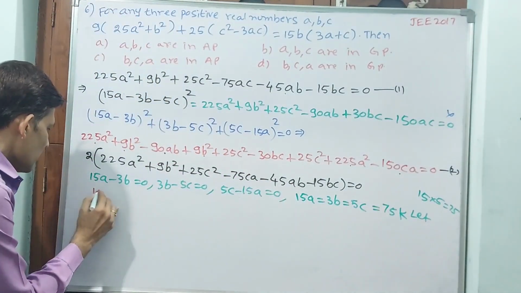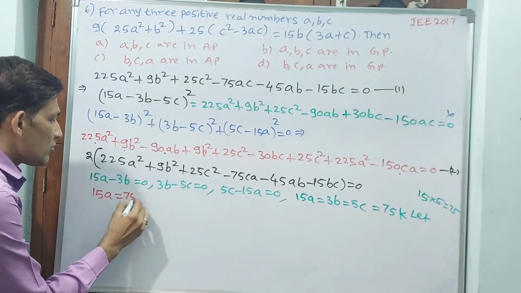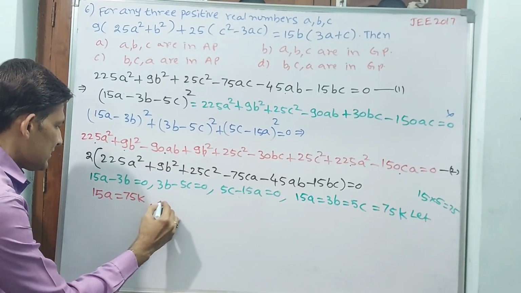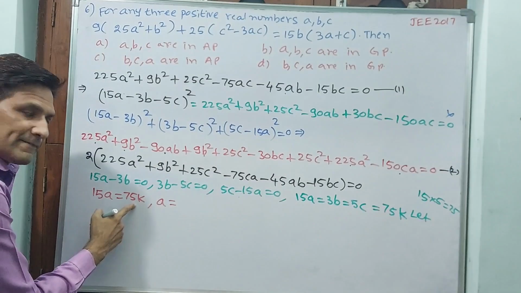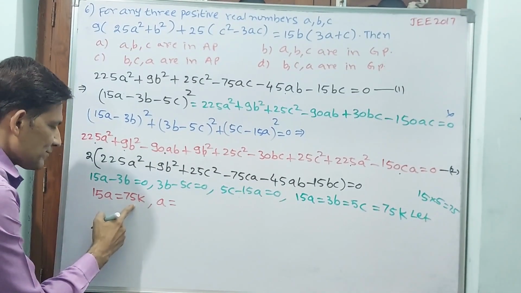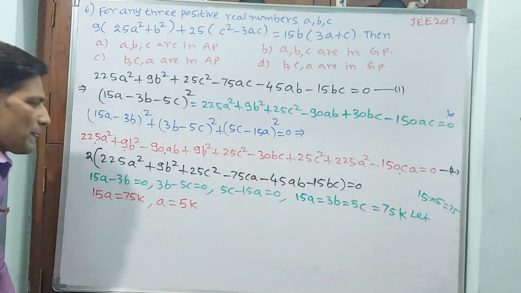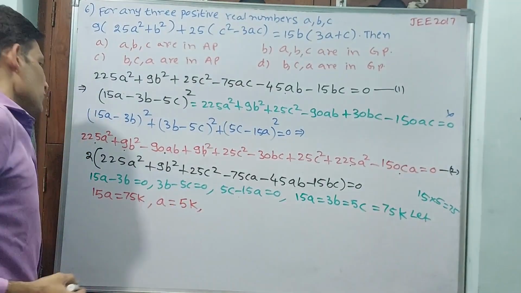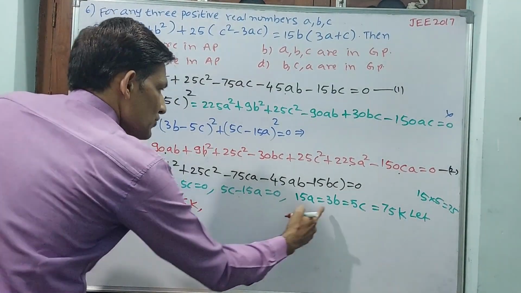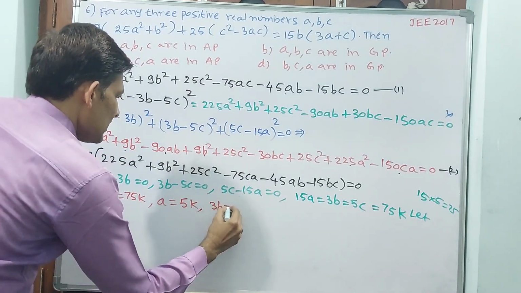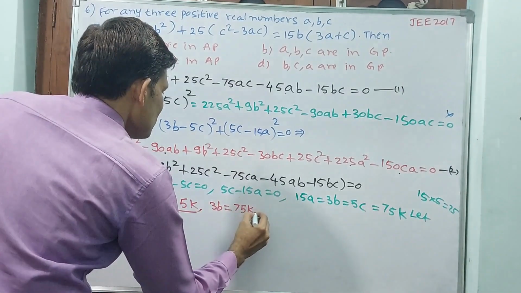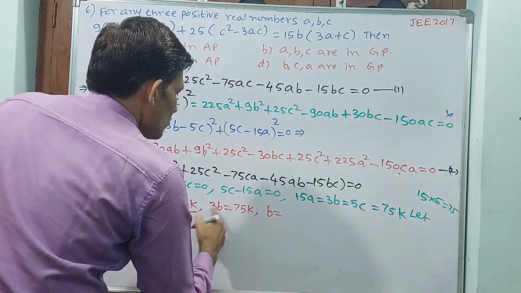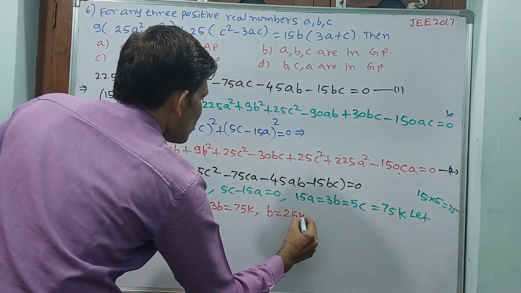Now you see, 15A is equal to 75K, or else A is equal to 5K. Then see, 3B is equal to 75K, B is equal to 25K.